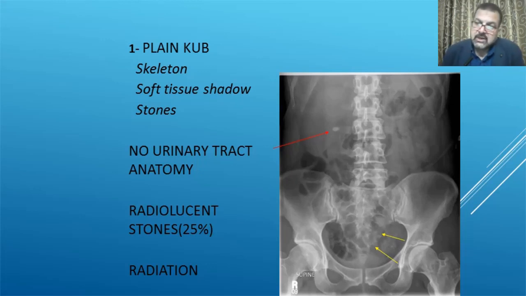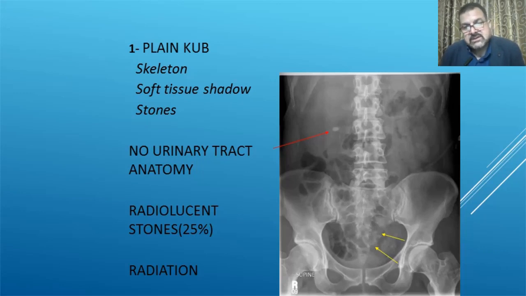We know that around 80% of urinary stones are radio-opaque stones, meaning we can find around 80% of the stones as a radio-opaque shadow in the KUB X-ray. But we will not forget that 20% are radiolucent and will be missed if we depend only on KUB X-ray.